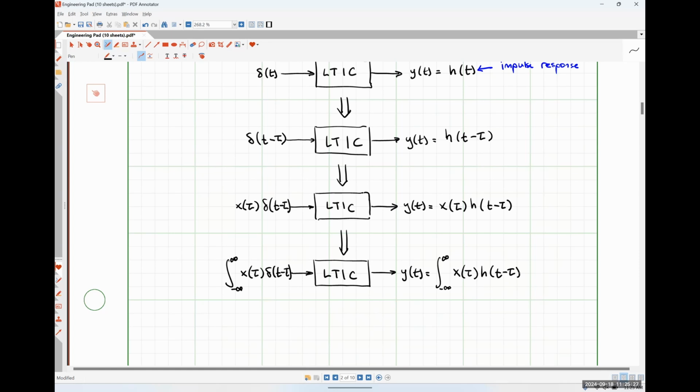So you guys will learn, oh, I need to squeeze in a d tau here. Let me move these over real quick. Because we need to know what we're integrating with respect to.